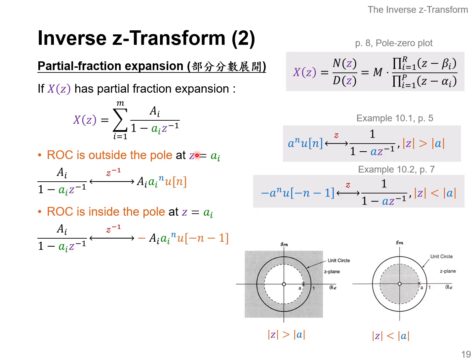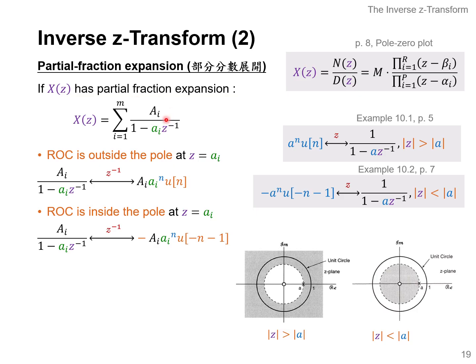We start with a Z transform that can be written as the sum of simple terms. Each term has a constant and a pole. So each piece corresponds to one pole at some value ai, and the constant tells us the weight of that pole.